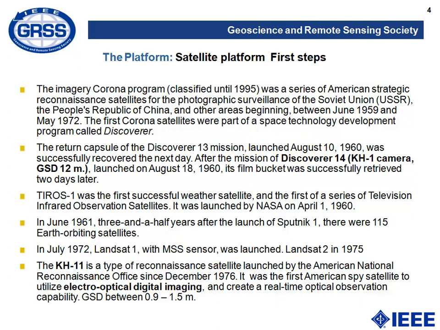But probably from a commercial, environmental and usability standpoint, one of the most important dates is July 1972, with the launch of the Landsat 1 program. The Landsat program is still in use and represents the most important global database of Earth observation on a multispectral basis.